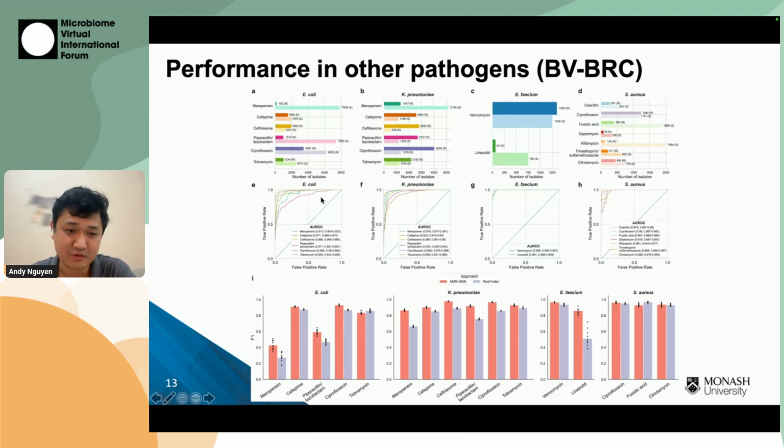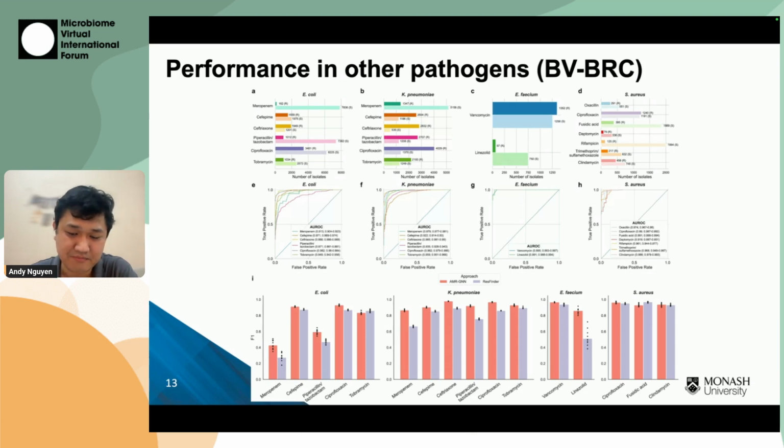On the middle panel, you can see that the AMR-GNN achieved very good performance in terms of AUROC. In all of the cases, we achieved more than 0.9 AUROC, except for piperacillin-tazobactam in E. coli, where the AMR-GNN achieved an AUROC of 0.87.